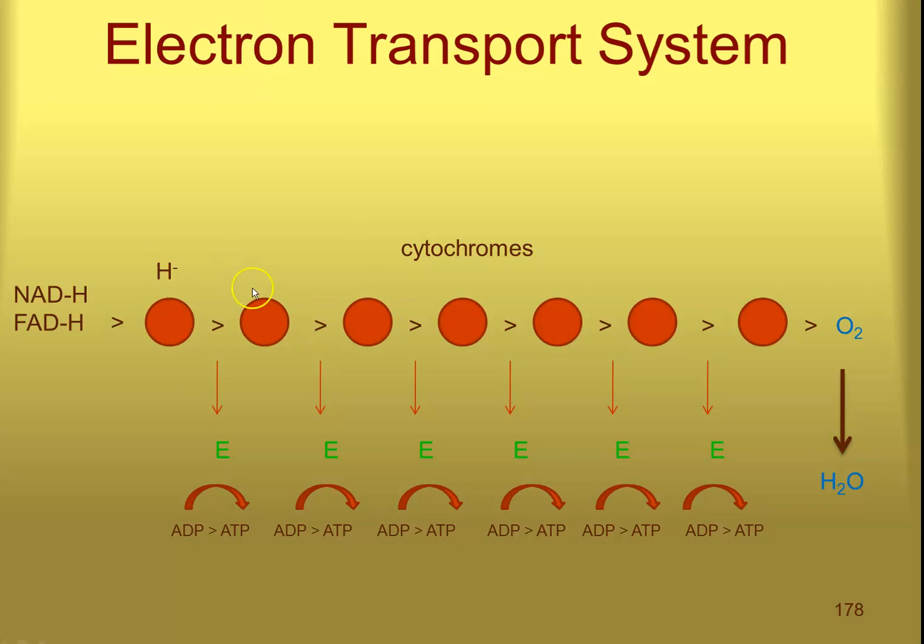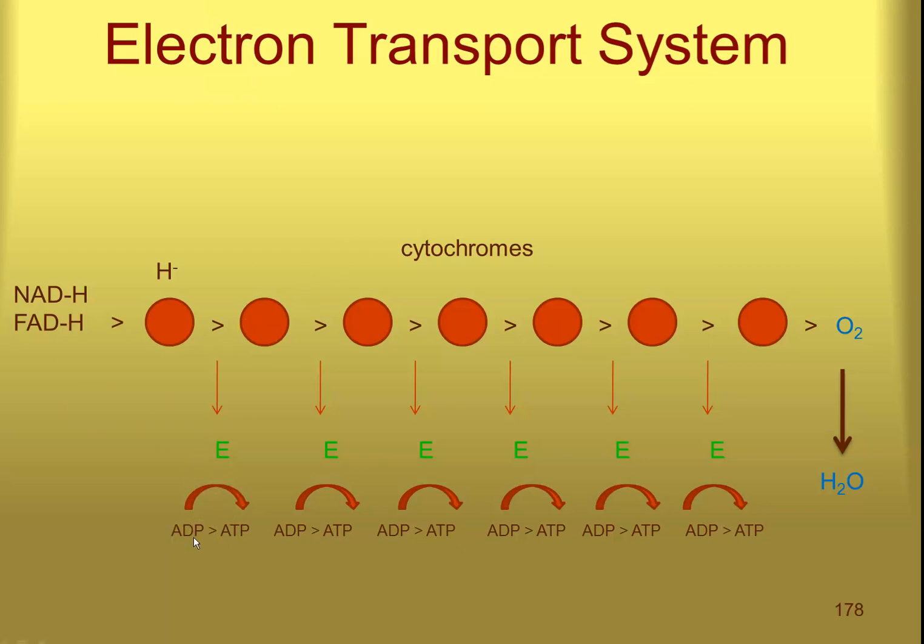Again, the high energy electron orbiting an outer orbital on the hydrogen atom, when the hydrogen atom is passed to this cytochrome, that electron falls to a lower energy orbital. That delta G difference between a high energy orbital and the low energy orbital is given off, is emitted. It is captured by ADP.